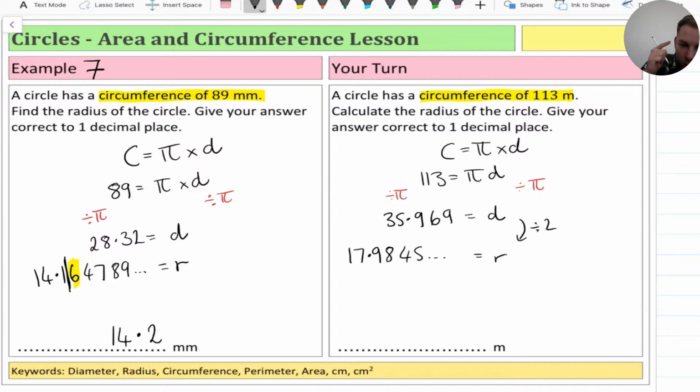So if I round up, I put my line there, I'm then going to round up, you're right. However, when you round up, it is 18, but because they want it to 1 decimal place, the 9 is going to send everything else up. You need to write it like 18.0 is equal to the radius.